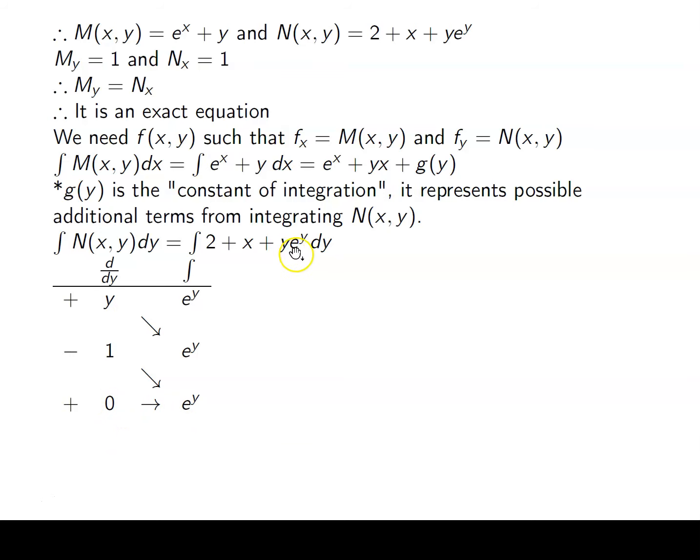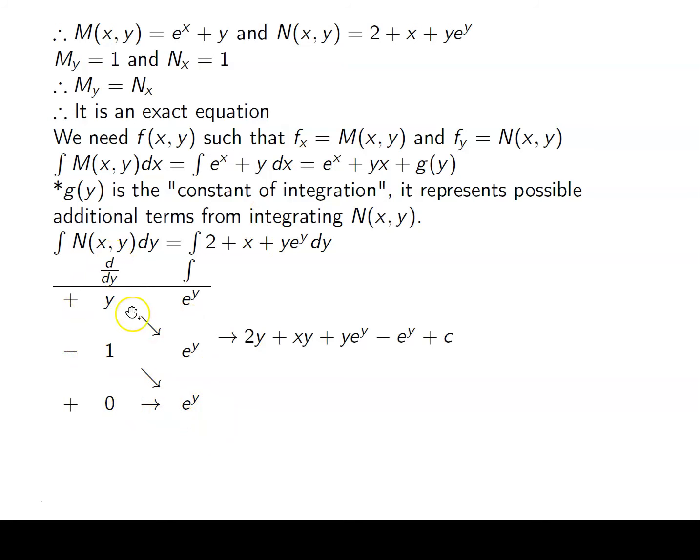So this portion of the integral is y e to the y minus e to the y. So this result will turn into 2y plus xy plus y e to the y minus e to the y plus c. Right here, these two terms are what's coming from this table method.